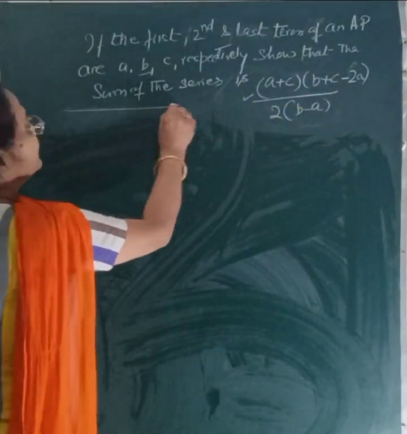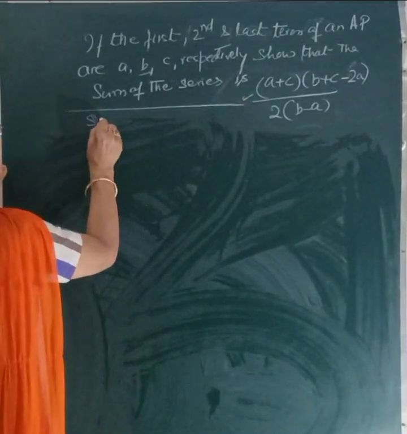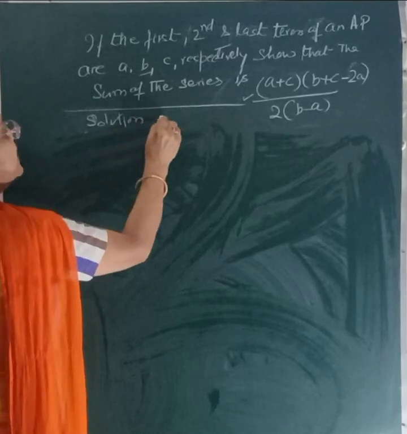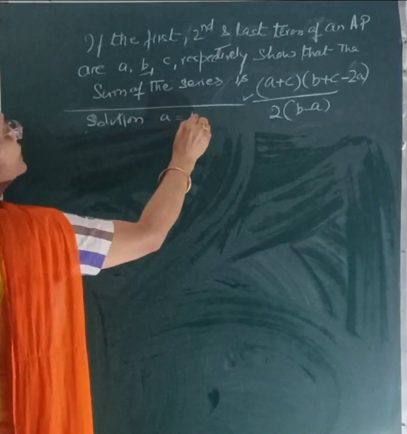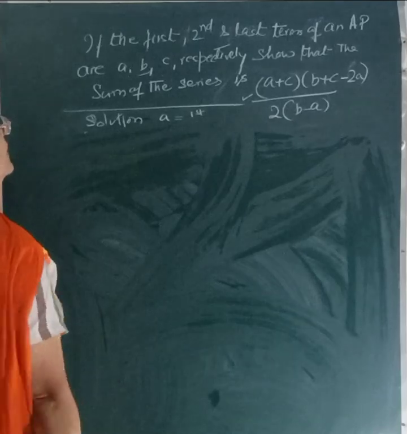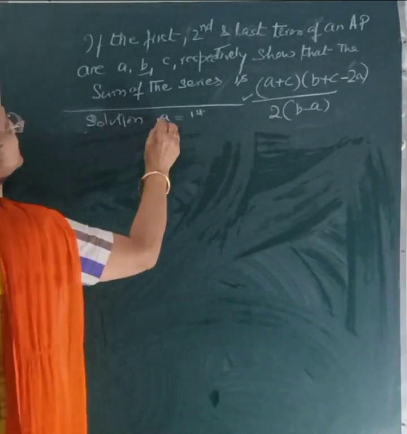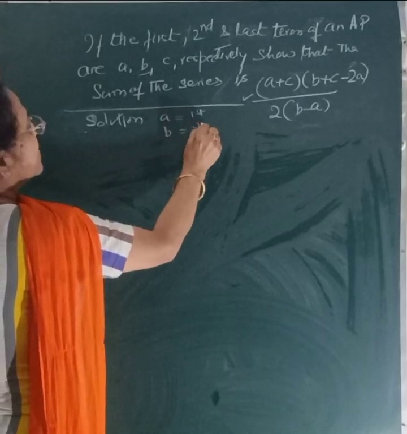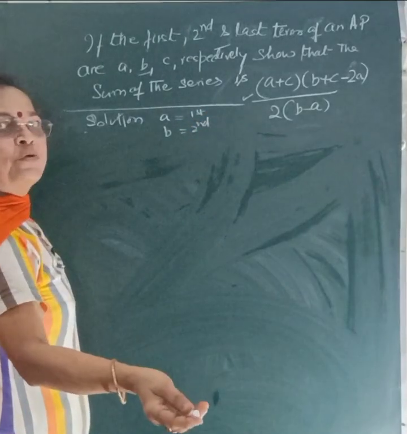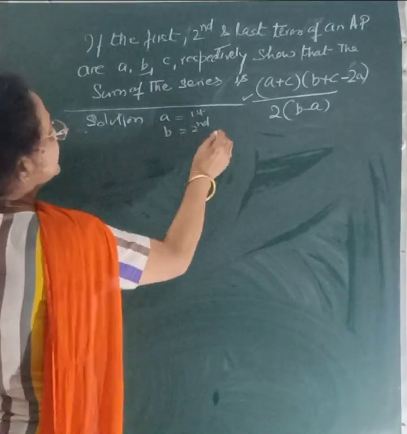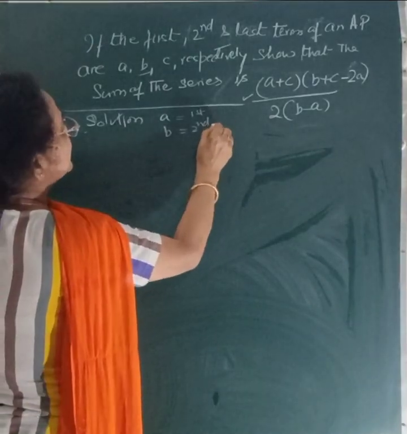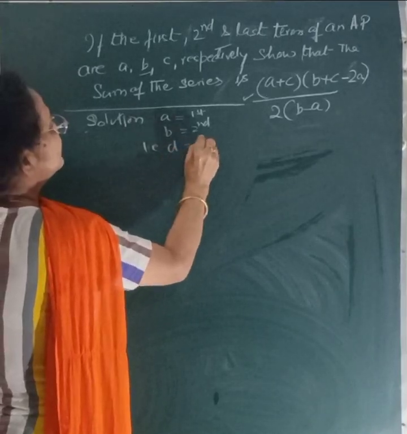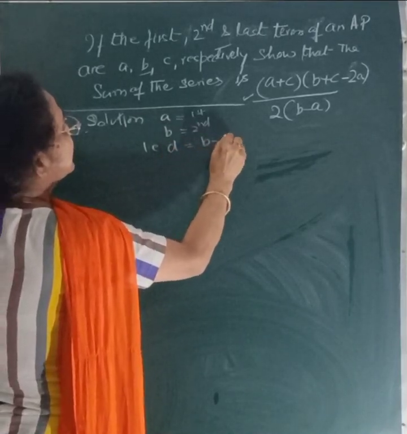Solution. a is the first term and b is the second. It means d is very much required in arithmetical progression. d is the common difference, so d will be equal to b minus a.